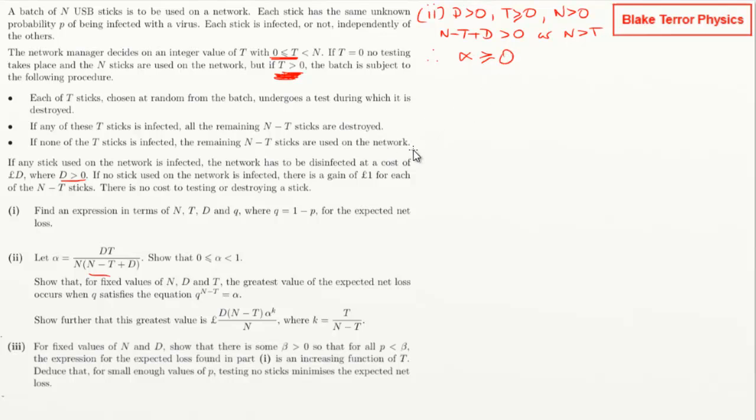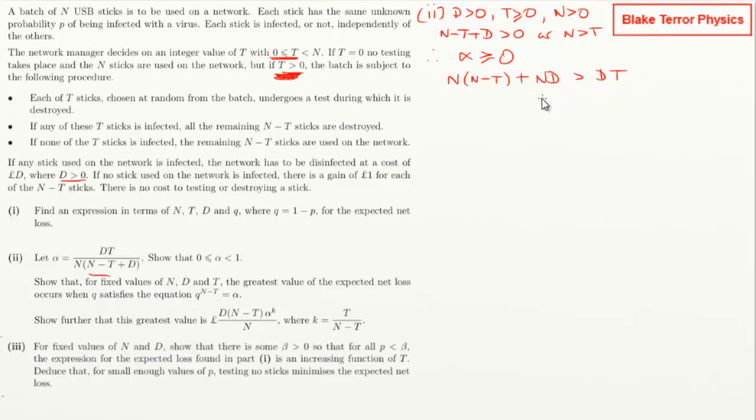Now I need to show that alpha is less than 1. So let's have a closer look at the denominator, I think. So the denominator is n times (n minus t) plus nd. That's a useful thing to split out because we've got d times t.